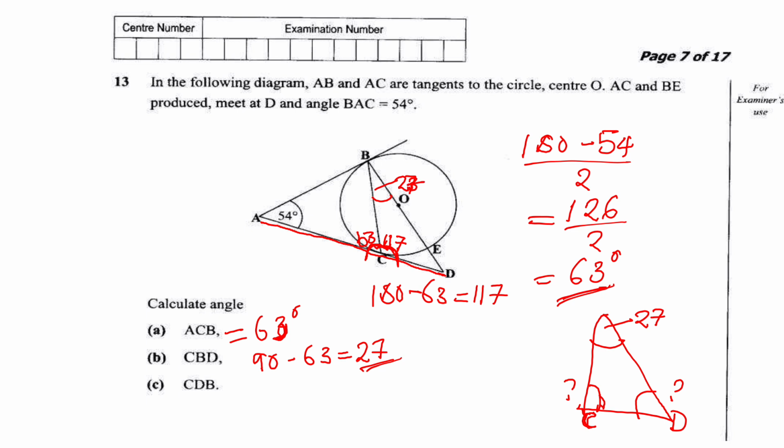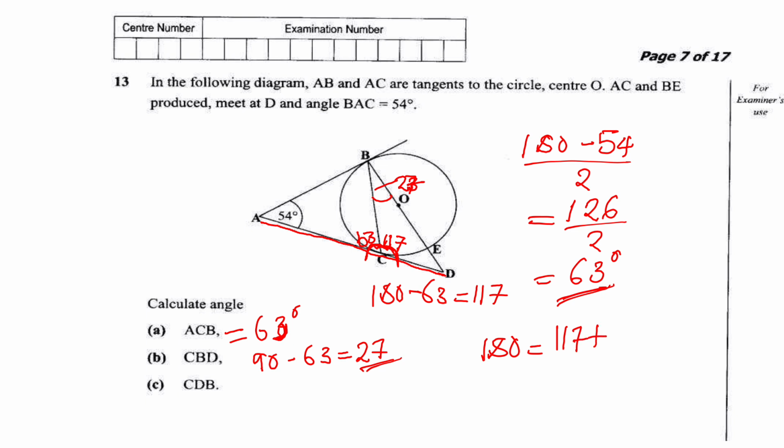So now we sum up these angles and then we equate everything to 180. Let me do this to make things clear. 180 will be equal to these angles which are inside there. We have 117 plus 27, and then plus the unknown.